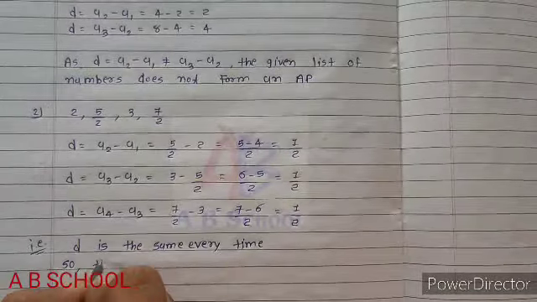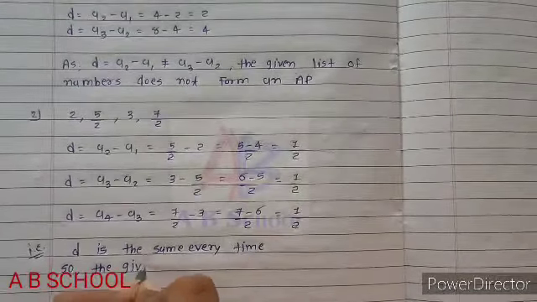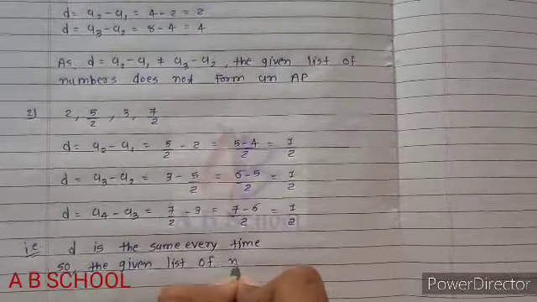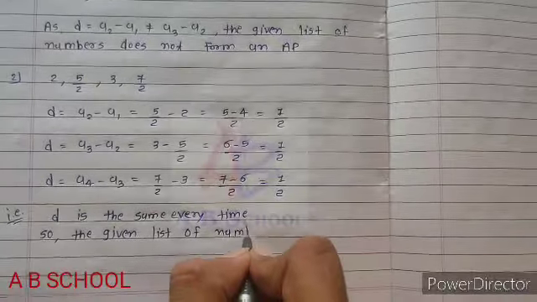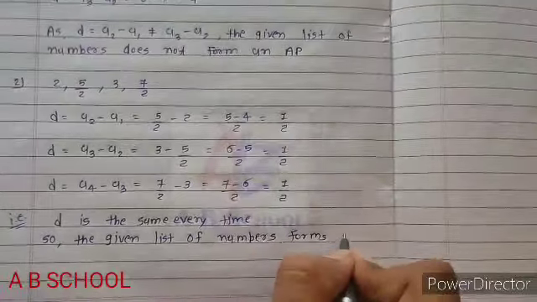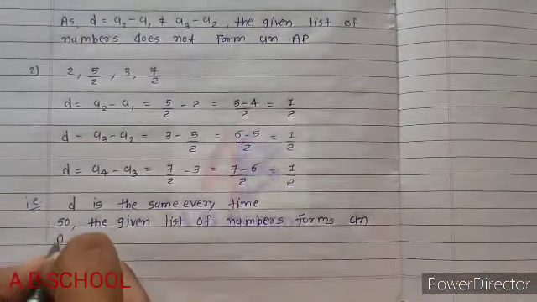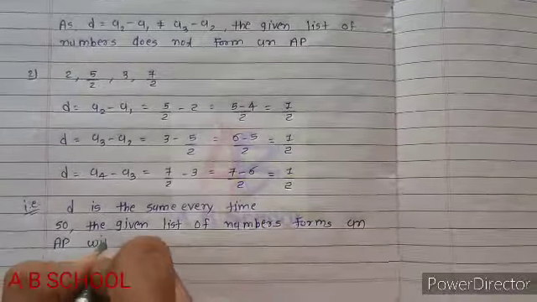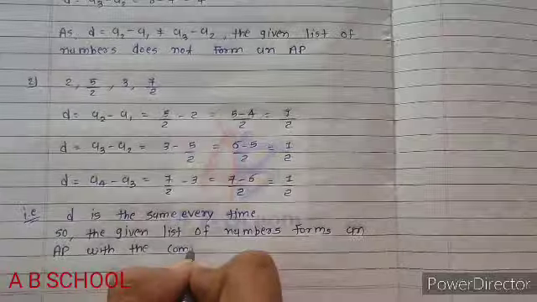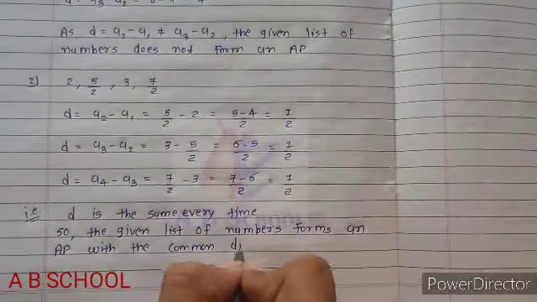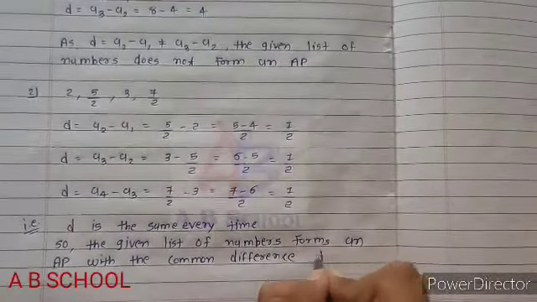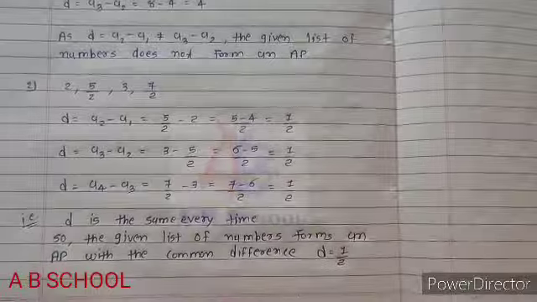So the given list of numbers forms an AP with the common difference D equal to 1 by 2.